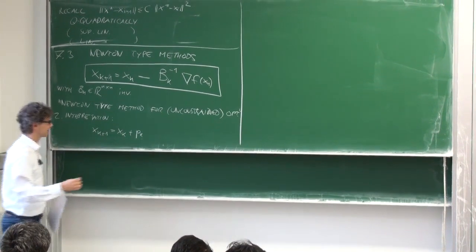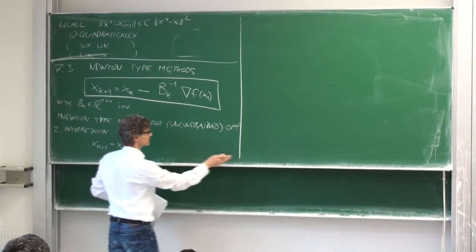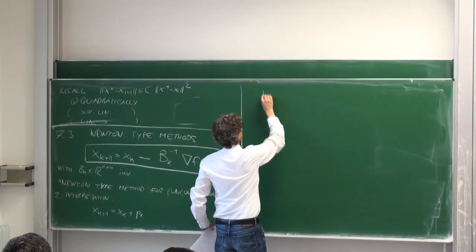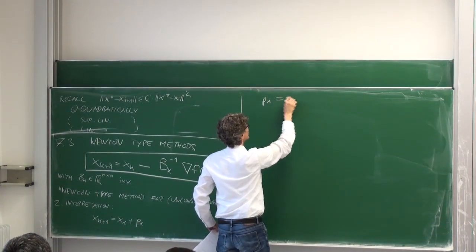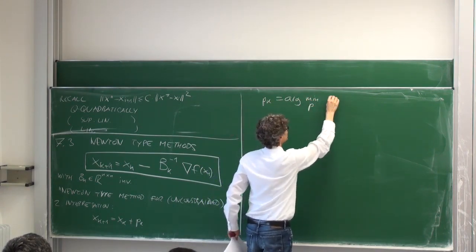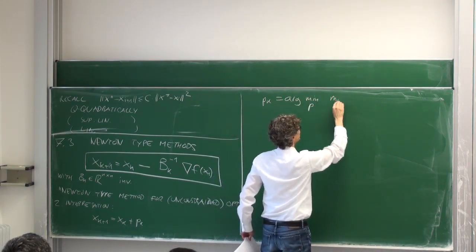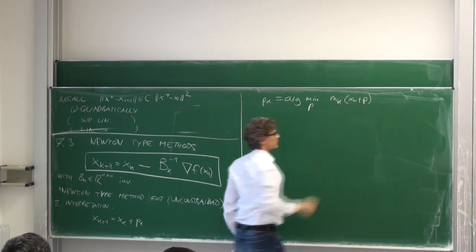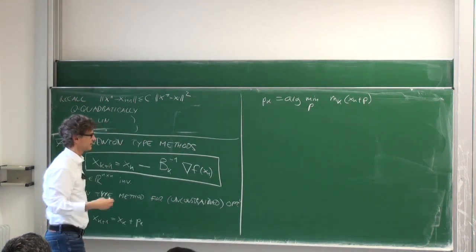And the step p_k is obtained by solving an optimization problem, which is an approximation of the original one which we call m_k(x_k + p). So it's a model for the objective.